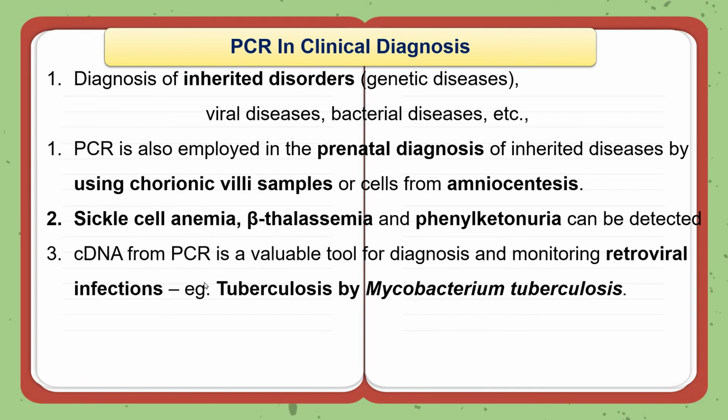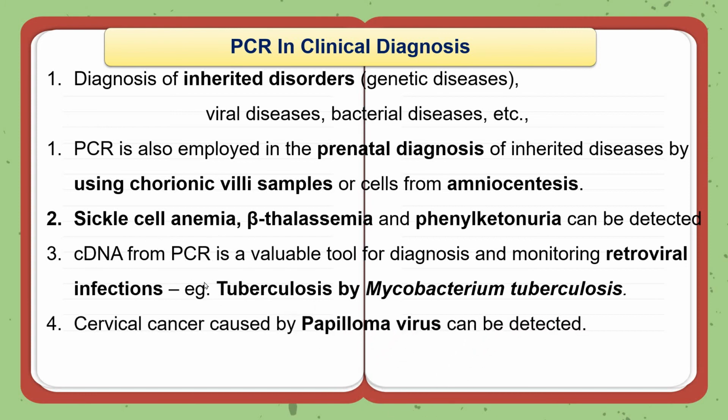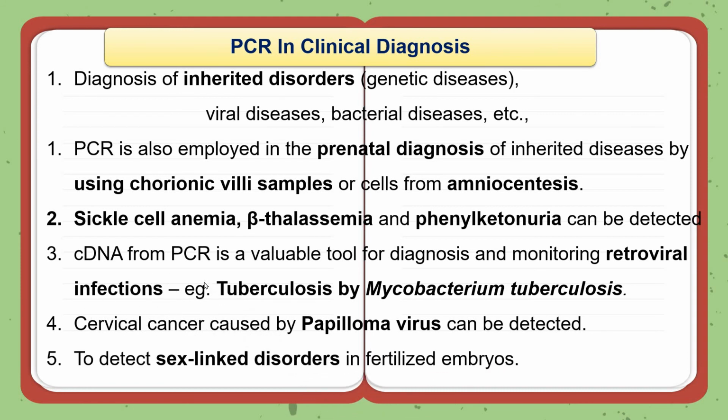Sickle cell anemia, beta thalassemia, phenylketonuria can be detected with the help of PCR. cDNA from PCR is a valuable tool for diagnosis and monitoring retroviral infections. For example, tuberculosis by Mycobacterium tuberculosis. Cervical cancer can be detected. And the fifth one is to detect sex-linked disorders in fertilized embryos.